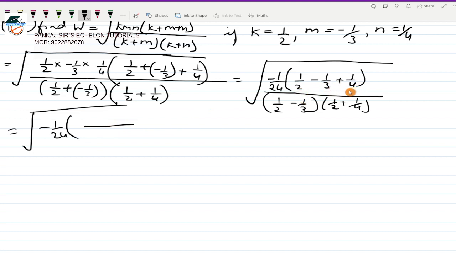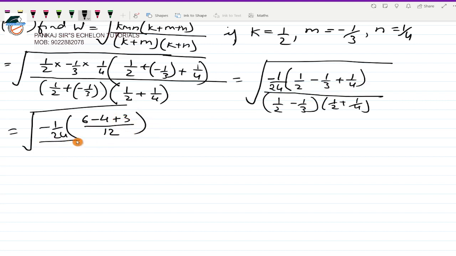And LCM of 3 and 4 will be 12. So it will be 12 here. 2 into how much is 12? 2 into 6 is 12. That 6 I'll multiply with this 1. So it will become plus 6. 3 into how much is 12? 3 into 4 is 12. So that 4 I'll multiply with this minus 1. It will make minus 4. 4 multiplied by how much is 12? 4 multiplied by 3 is 12. That 3 I'm going to multiply with this plus 1. So it will become plus 3.